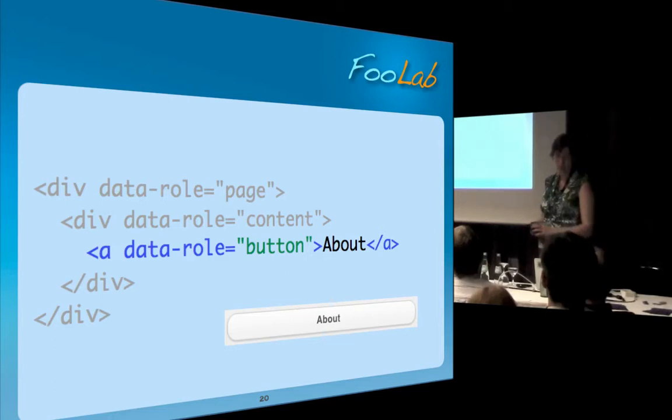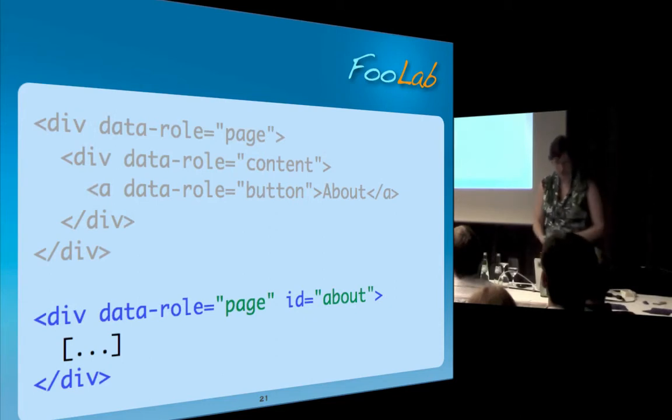The button by itself is not going to do anything until you link to another page. And I will show you a simple example where you can create two pages within the same document. Actually, you can create as many as you want. So within the same document, you create another data role page. You give it a unique ID.